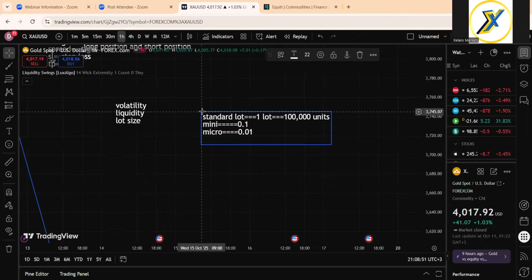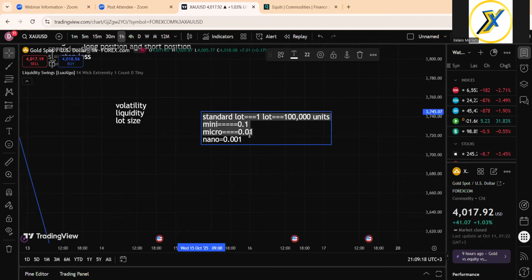So now we have standard, mini, and micro. We also have the nano, but I don't really think we have brokers that allow us to use the nano, which is like 0.00001. So I think these are the lot sizes that are allowed to use, if I'm not wrong.